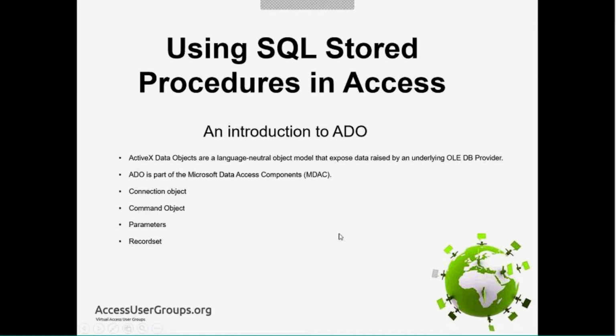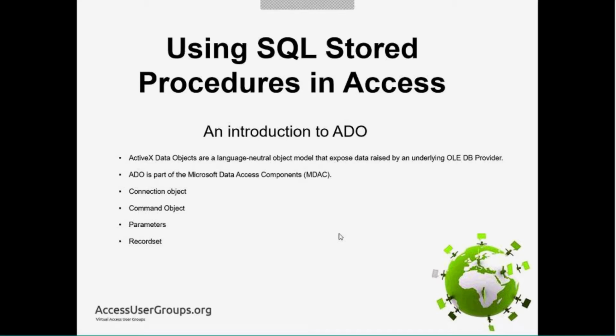So as a basic introduction to ADO, ADO stands for ActiveX Data Objects. They are a language-neutral object model, and they expose data raised by an underlying OLE-DB provider. It's also a part of the Microsoft Data Access Components, which you can install, and that does more than just ADO, but that is one piece of that.